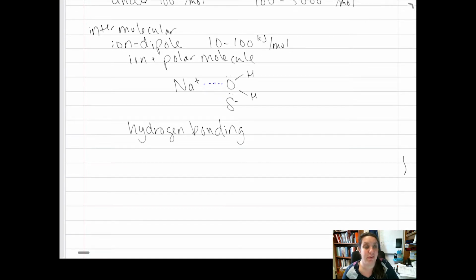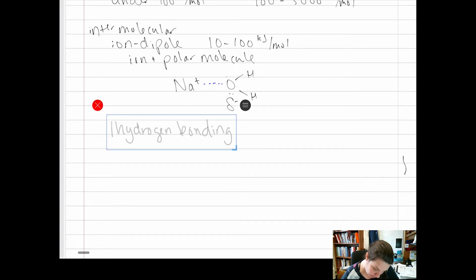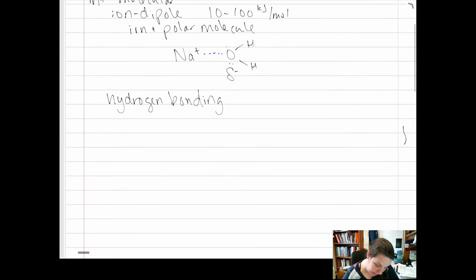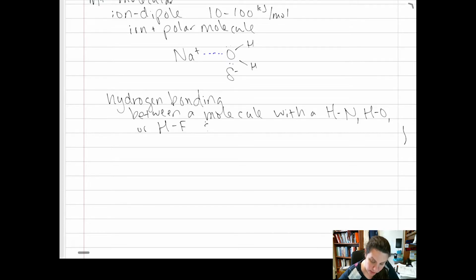Ultrapolar molecules are ones that have hydrogen-oxygen, hydrogen-nitrogen, or hydrogen-fluorine bonds. So hydrogen bonding is between a molecule with a hydrogen-nitrogen, hydrogen-oxygen, or hydrogen-fluorine bond, and a nitrogen with a lone pair, oxygen with a lone pair, or fluorine with a lone pair.